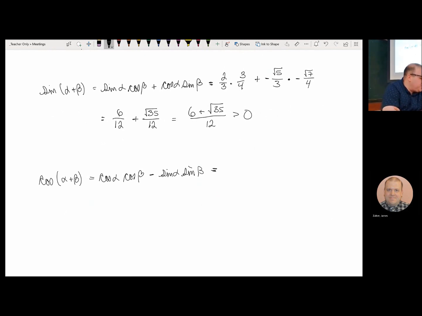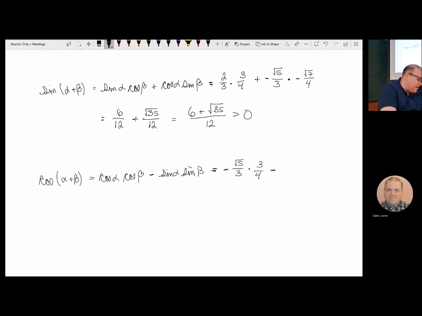All right, we have cosine alpha, cosine beta. Then we have sine alpha times sine of beta.